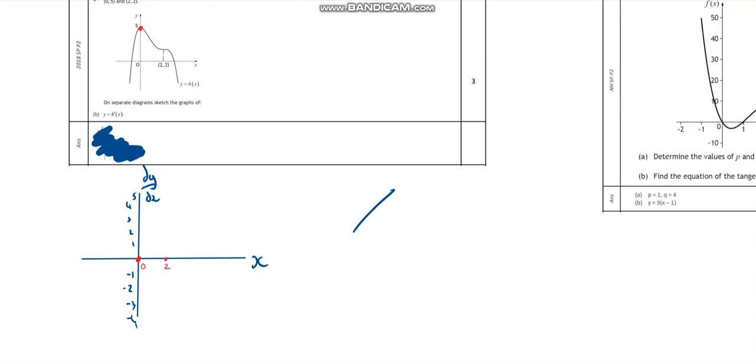Then what we need to think about is, okay, is the gradient positive or negative? So here I've got positive, positive, it's all positive, isn't it? All the way up, and then it changes to negative, negative, negative. Again, these are 0. But then it's negative. That's slightly different to what we're used to, isn't it? So let's have a little think.